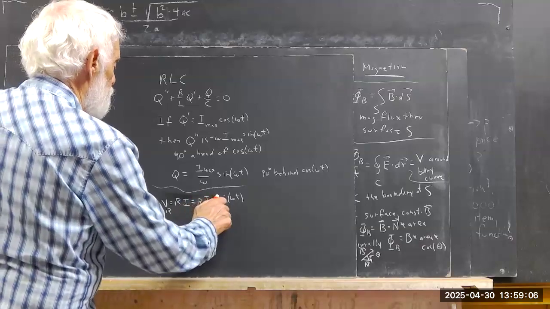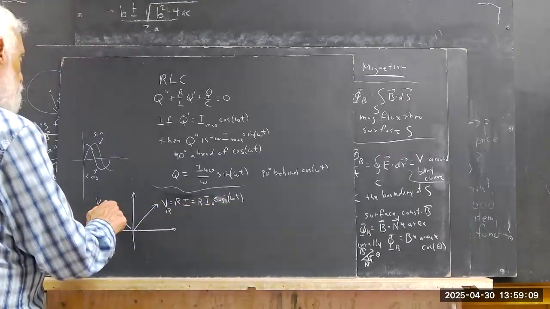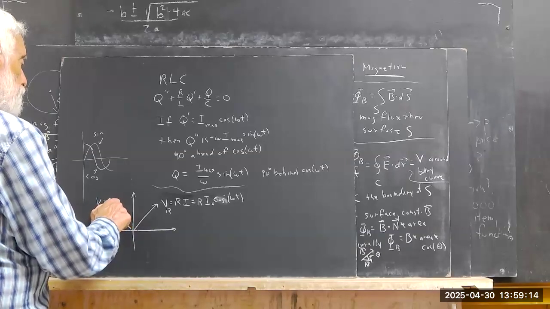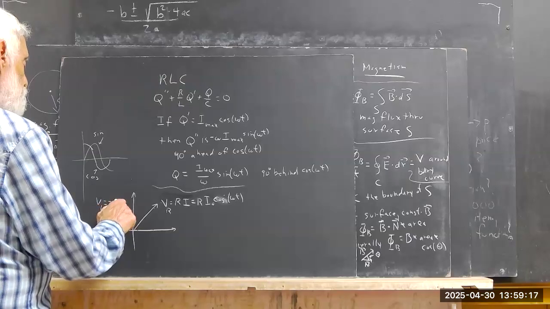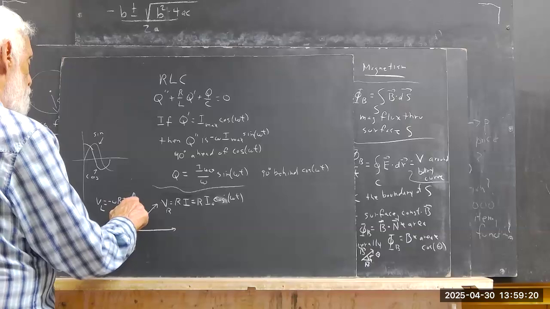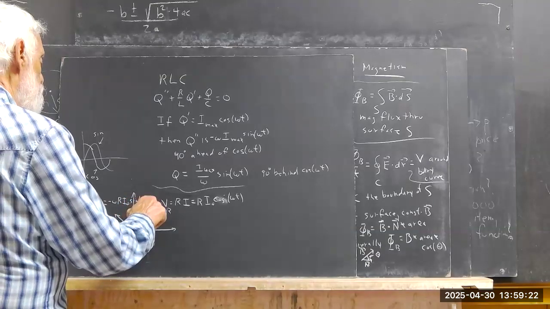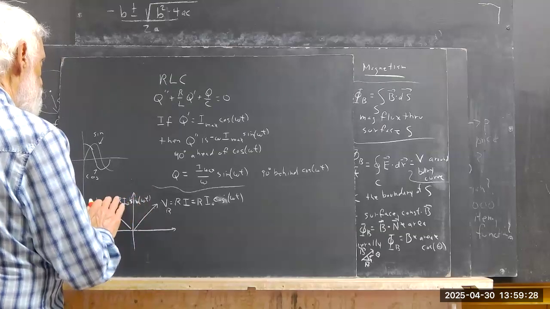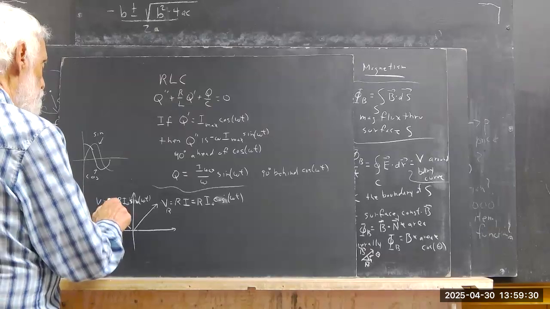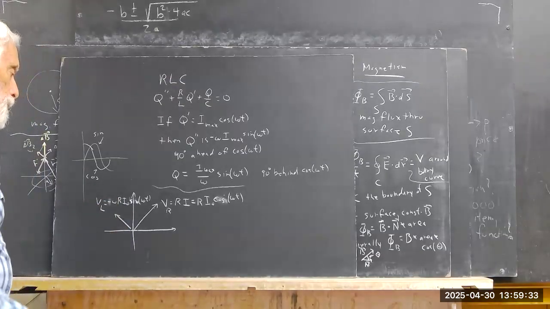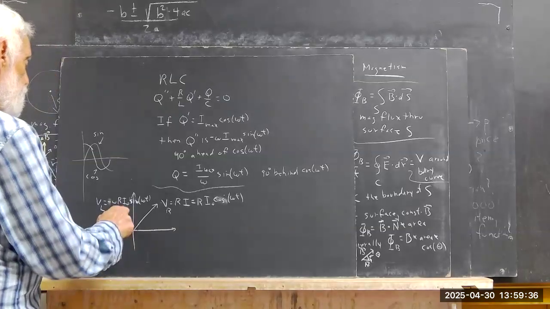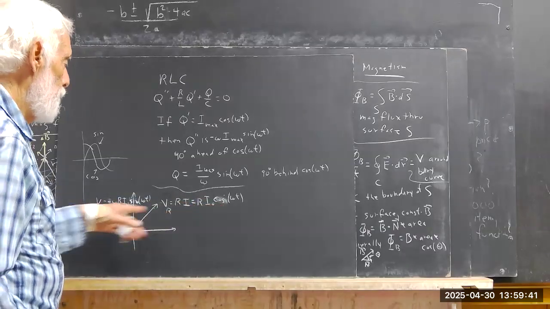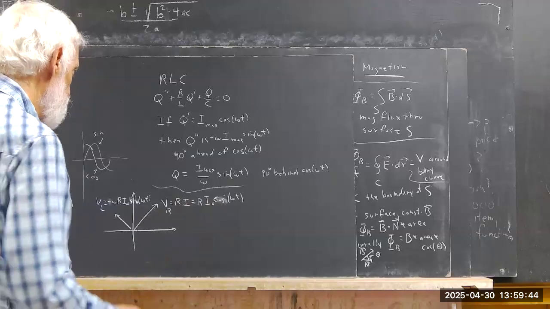I used cosine here. Here VL is, we don't have room to write it. And it's just negative omega L times the sine of this.